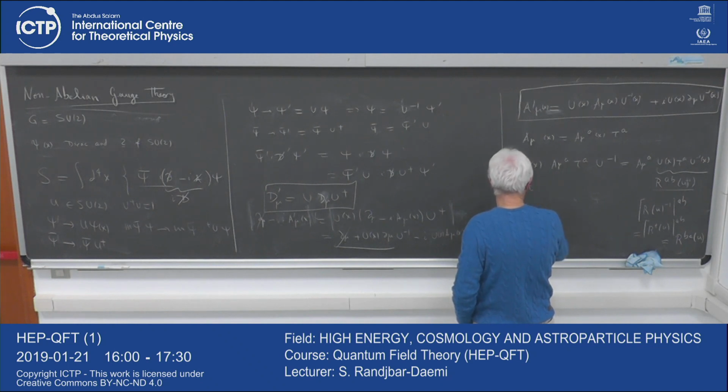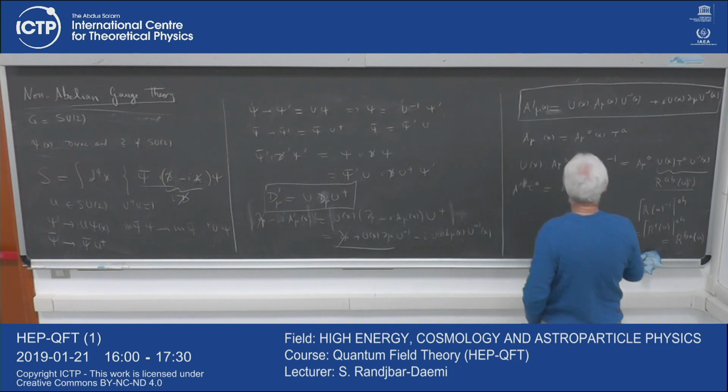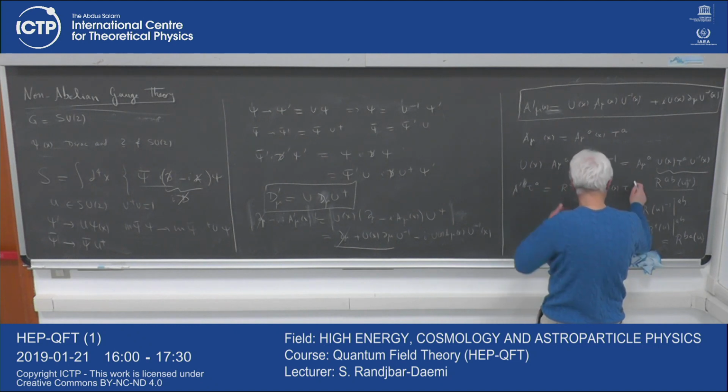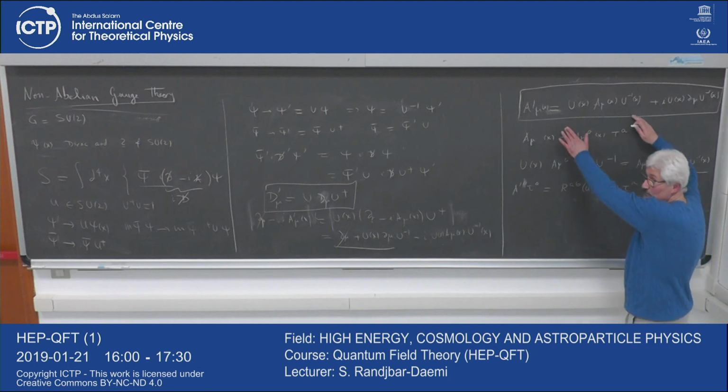Let's put it: A prime A tau A equals R AB of U, A mu B tau A. I'm writing only the first term, okay?